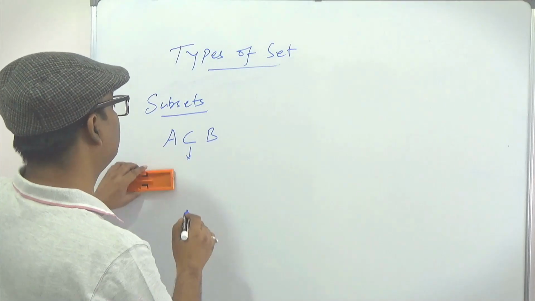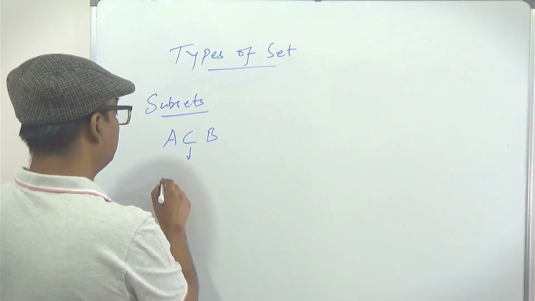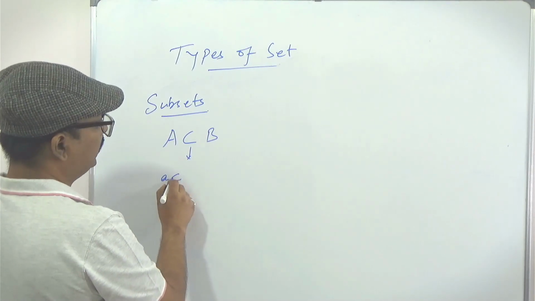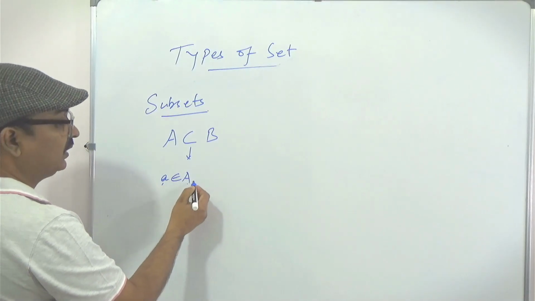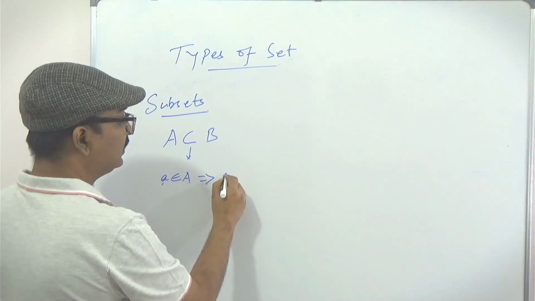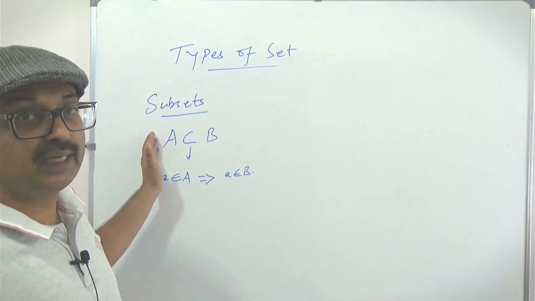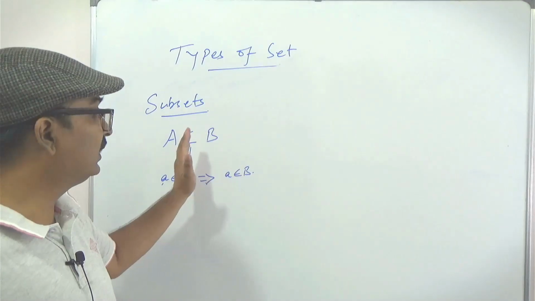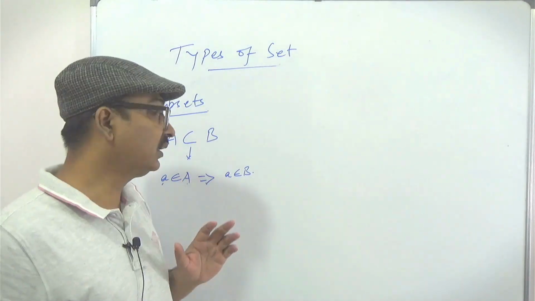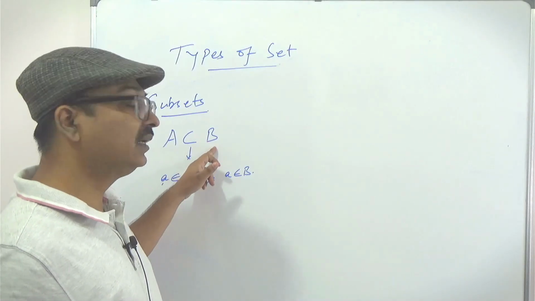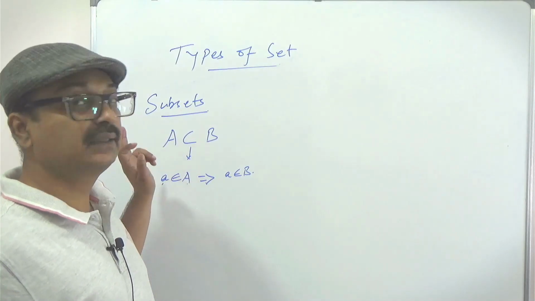So we say A is a subset of B if and only if x belongs to A implies that x belongs to B. That is, if all the elements of A are present in B, then A is a subset of B. The reverse may or may not be correct. All the elements of B may not be present in the set A.